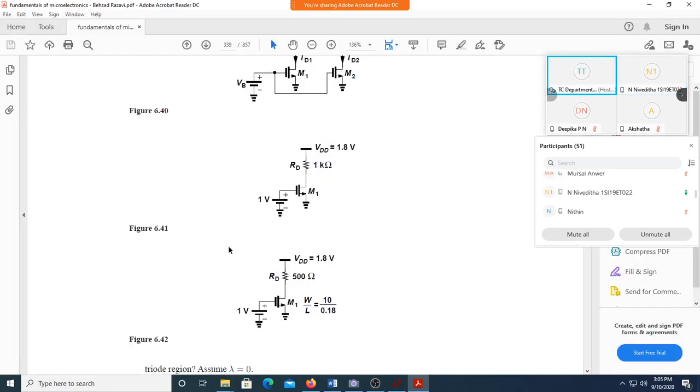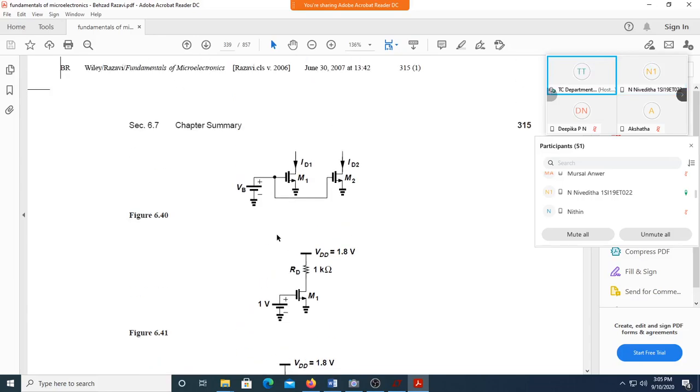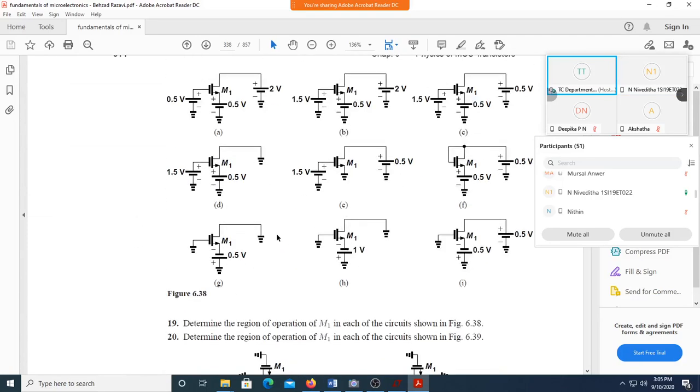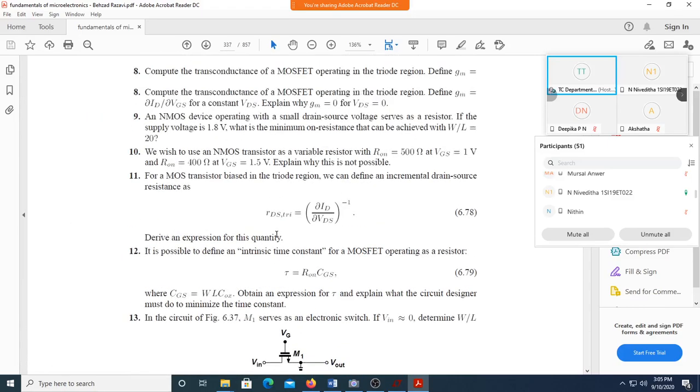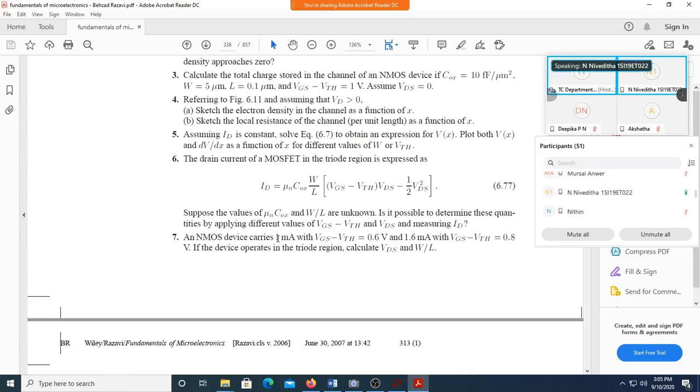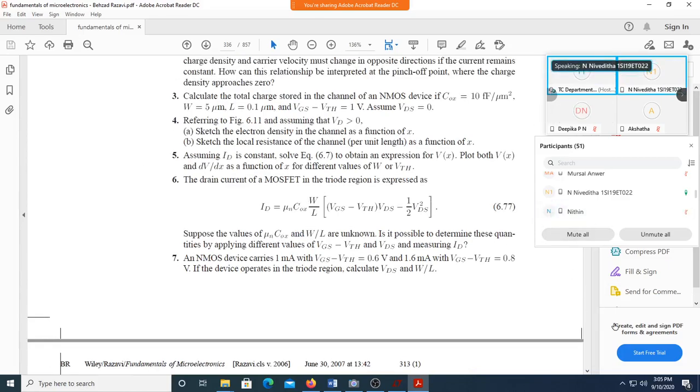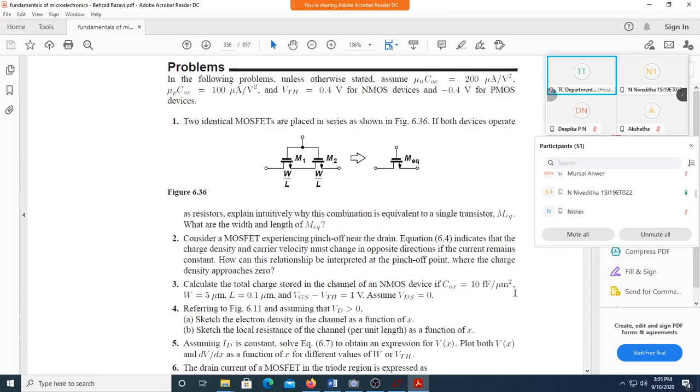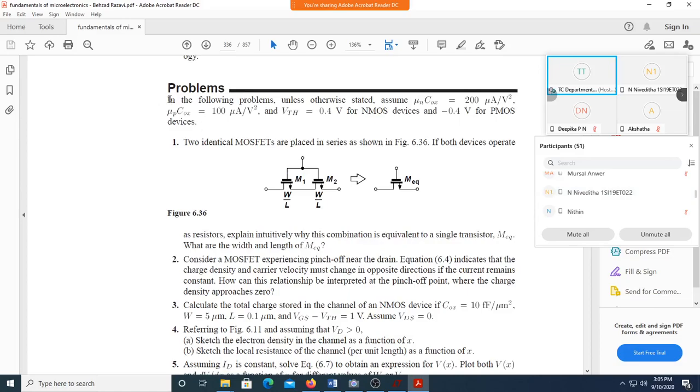Now of course this is from the textbook, so let us start solving the problems. In all the problems in this particular course, since we are referring to this textbook, Fundamentals of Microelectronics by Behzad Razavi, unless otherwise stated, assume mu n Cox is equal to 200 microampere per volt square and mu p Cox as 100 microampere per volt square.